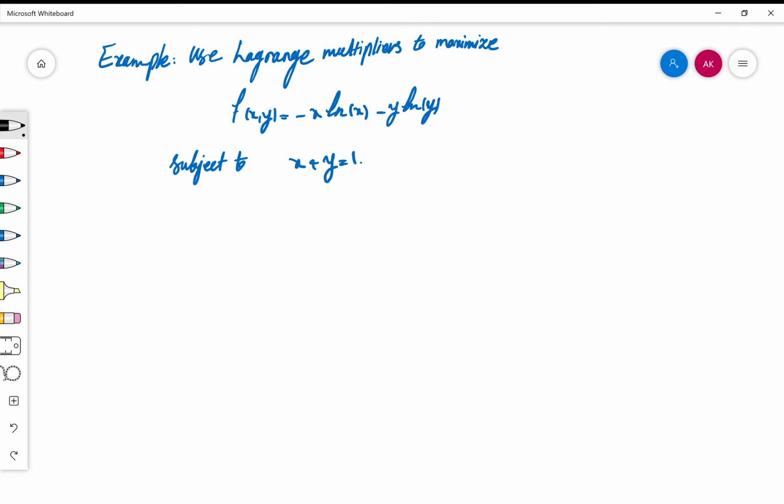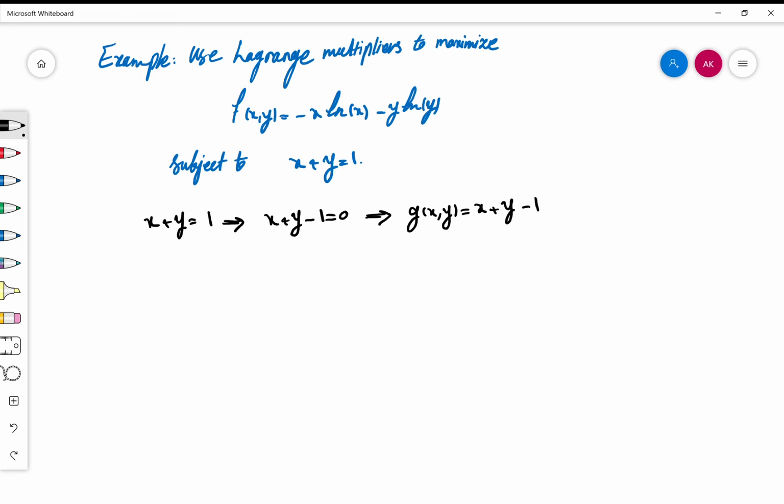To start with, you have to remember that we have to write the constraint in the form that everything is on the left hand side and the right hand side is equal to 0. Then the constraint's left hand side, we put it as g(x,y).